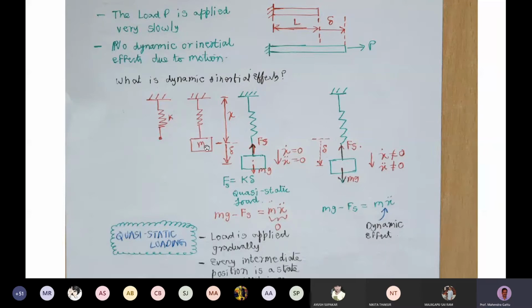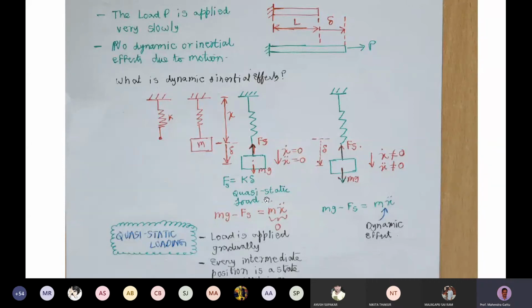If you release the mass abruptly, then you will have some velocity and acceleration. But when you release the load very slowly in a step-by-step manner, then the velocity and acceleration are neglected and it is zero.